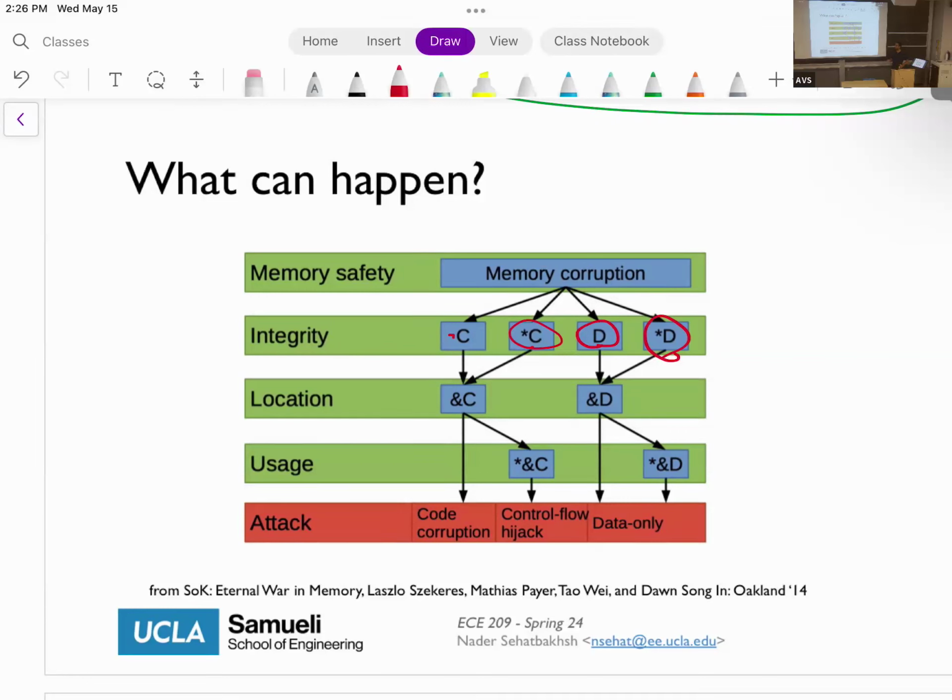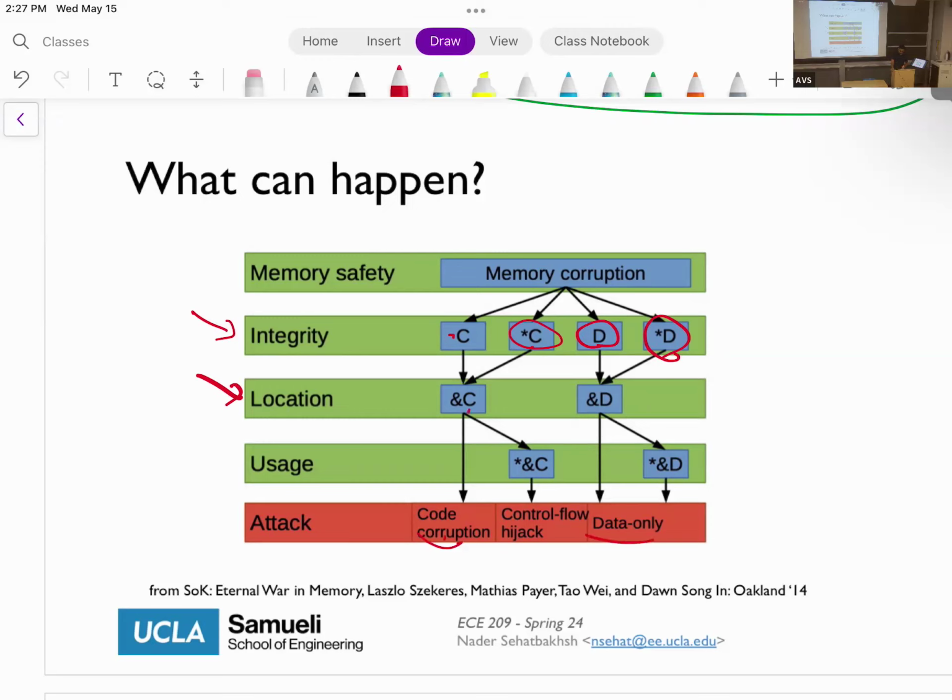In all four cases, you're changing the integrity of the system. After changing the integrity of the pointer, if you're using the pointer, then essentially you are changing the location of that pointer, right? And as a result, you can do either code corruption or data-only attacks.